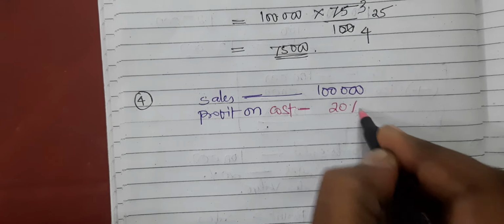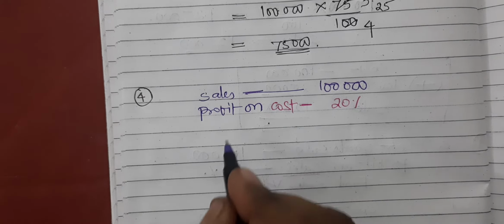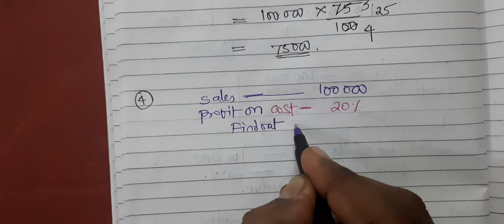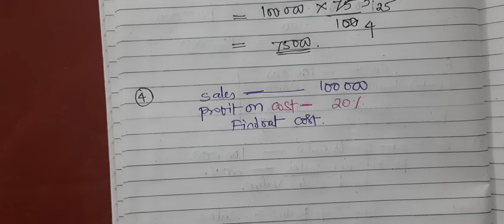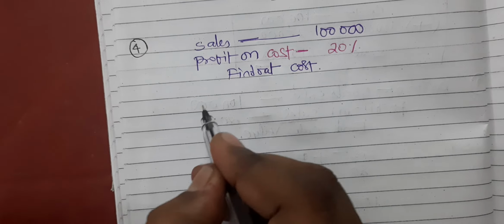Example 20%. Okay? Find out cost. First you write the equation.